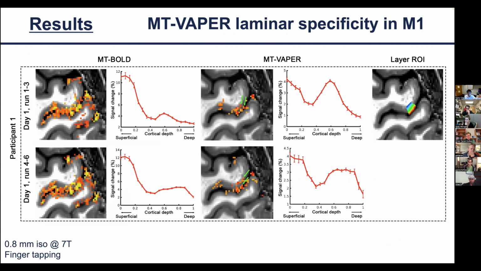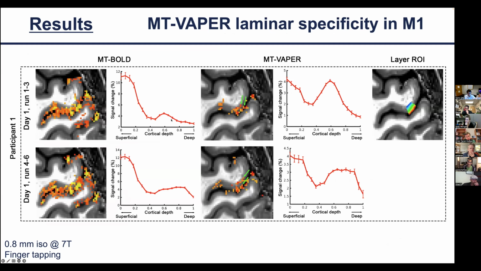At the same time, this MT VAPER also has quite good laminar specificity. Here is one subject, and we asked the subject to do a finger tapping task. Here is one measurement, and the bottom is another measurement. In the activation map, you can see those two stripes here. It's very clear. And if you draw the laminar profile in this ROI, you will see two bumps.